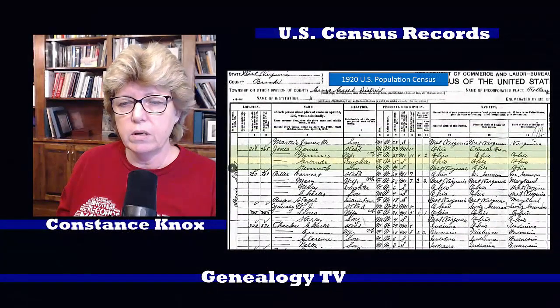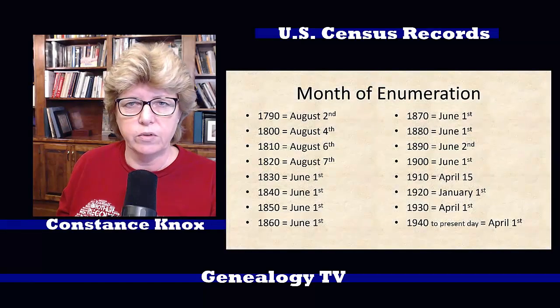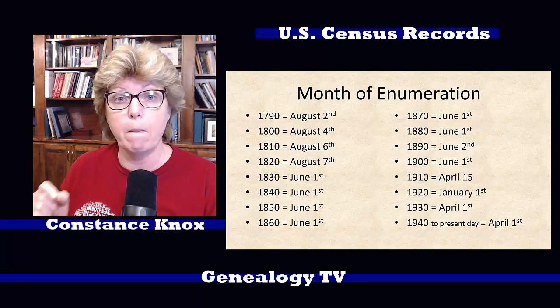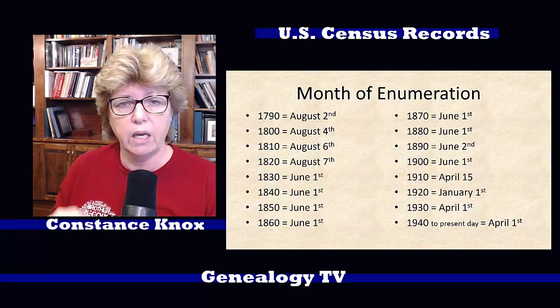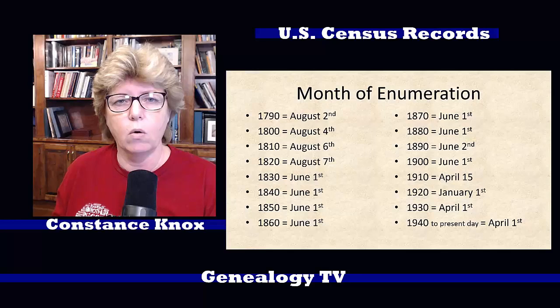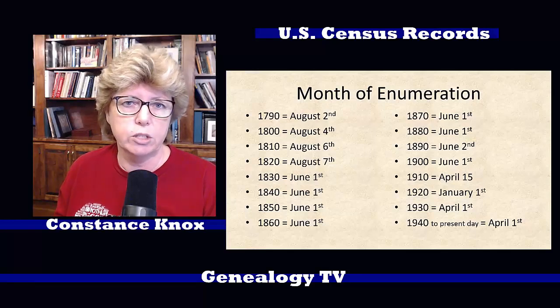If we move on to my next slide, there is a reason for this. One of the things I want you to pay attention to is the month of enumeration. This is really important because if you're trying to estimate a person's age, or what year they were born, the month of enumeration is important.